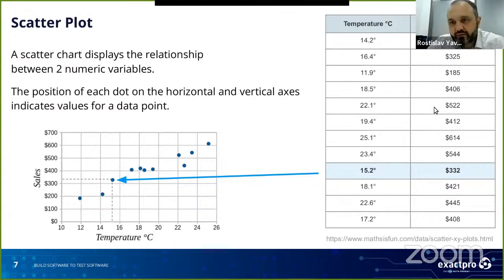When the weather is hot, you definitely sell more ice cream. Again, the technique is quite simple. You use one axis for temperature, another one for sales. Then each particular data item has two parameters, like this one: 15.2 is somewhere here, right? And 332 is somewhere here. So this point corresponds to this data item.